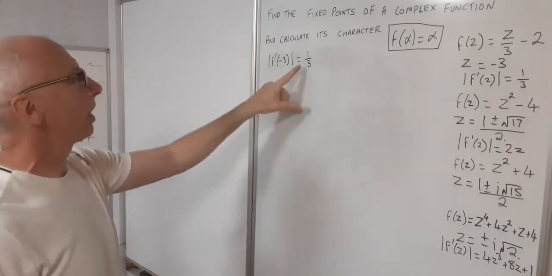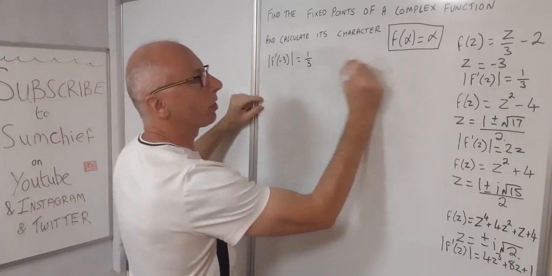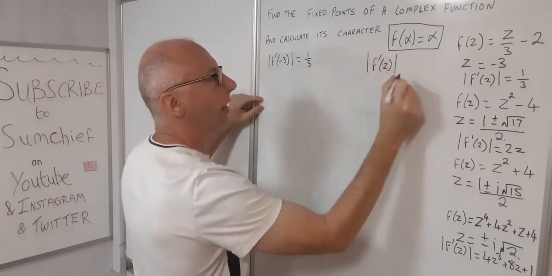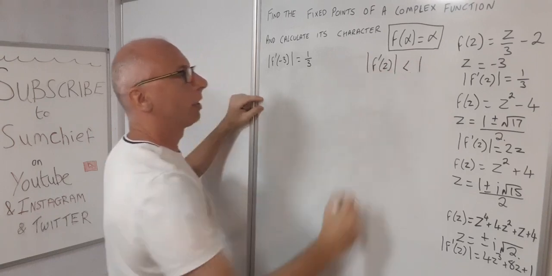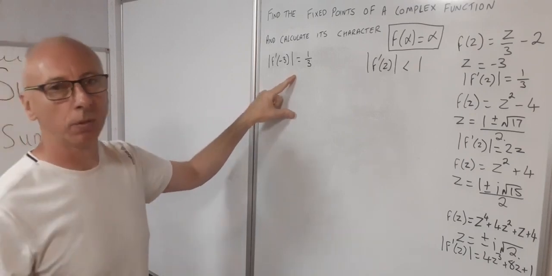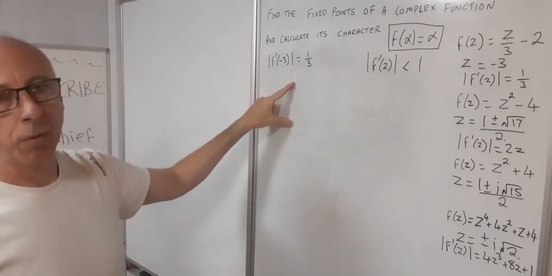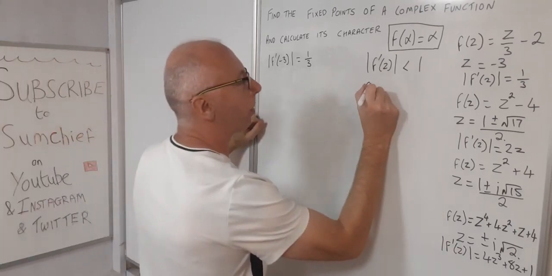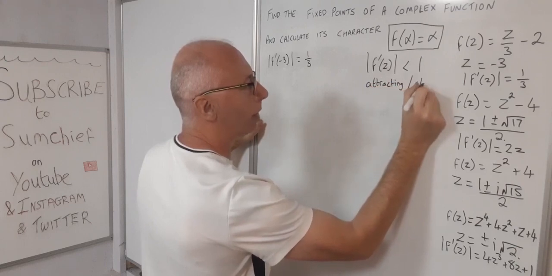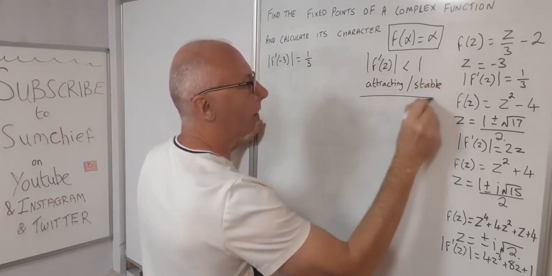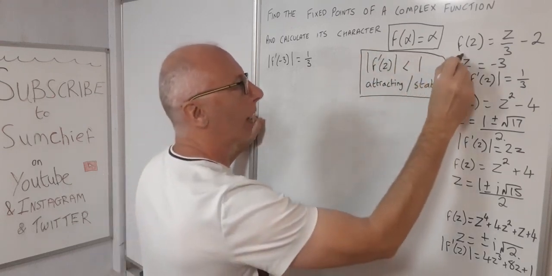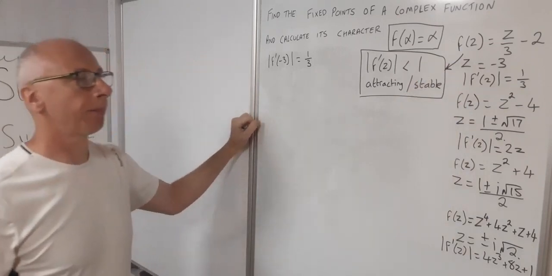So therefore, the characteristic of this one is, let's just write the characteristics up here, f prime of z is less than 1. So therefore, this one here is an attracting or a stable fixed point. So this one therefore is attracting slash stable.